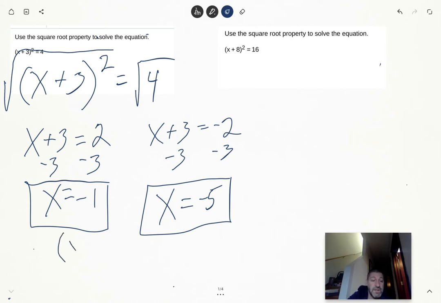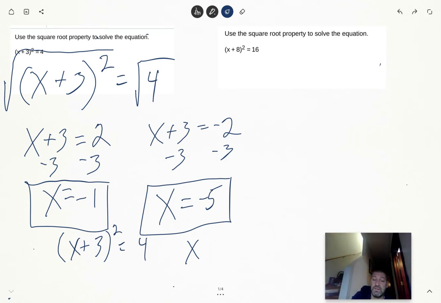So if I have x plus 3 squared equals 4, both my answers should fit that equation. I'm sorry, let me back up a little bit.